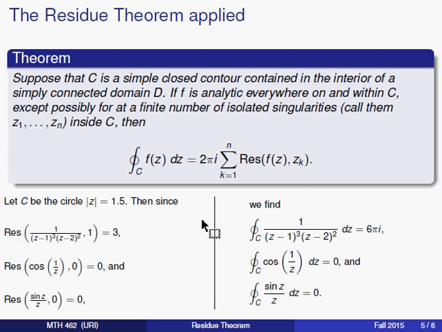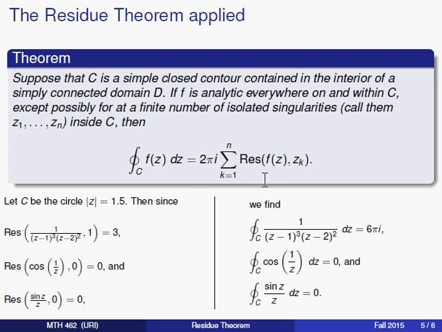So let's take as an example our circle to be that with a center of 0 and a radius of 1.5. Now we're going to suppose that we orient that in the positive direction, counterclockwise, and we're going to integrate each of these functions going around that circle. Now the residue theorem says that to find that integral, we actually don't need to do anything with the integral.